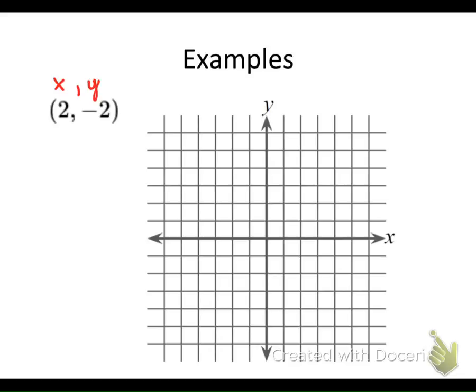Now it's a positive 2, so am I going to move to the right or to the left 2 spots? So I'm going to move 1, 2 to the right. Then my y is negative 2, so am I going to move up 2 or down 2? Down 2. And then I'm going to plot my point right there. Now, you can choose to draw the lines if it helps you for now, or you can choose not to.